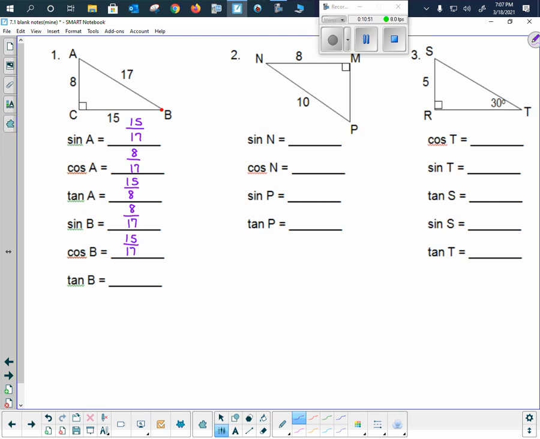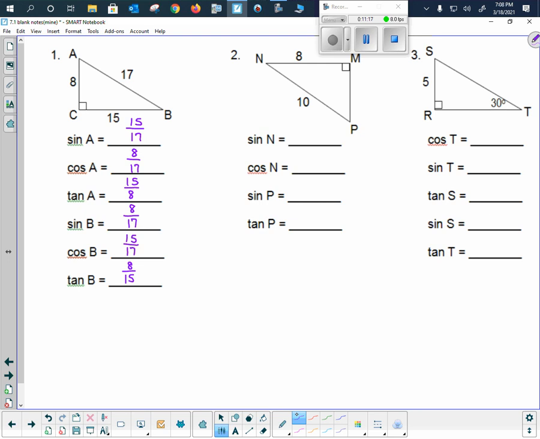It does not reduce. 15/17 is your answer. Tangent is opposite over adjacent. So from B, opposite is 8, adjacent is 15. 8/15 does not reduce. You are finished. So remember, the difference is about where you're standing. It's from which angle's perspective you're talking about, and it's never from the right angle.